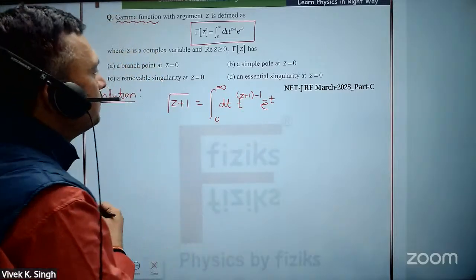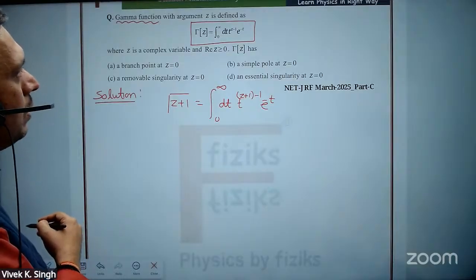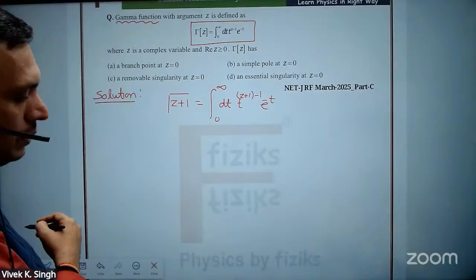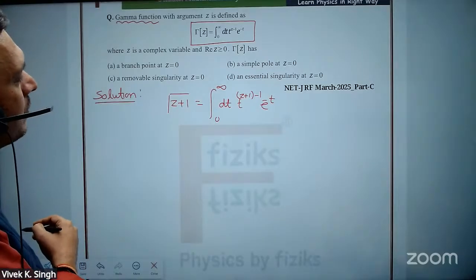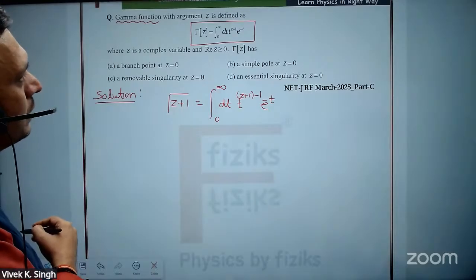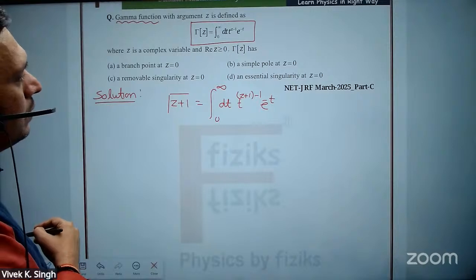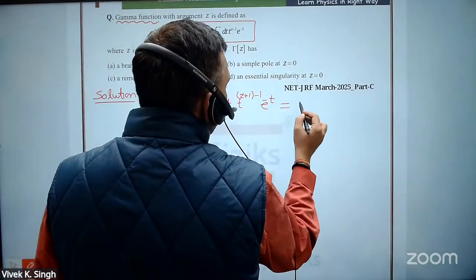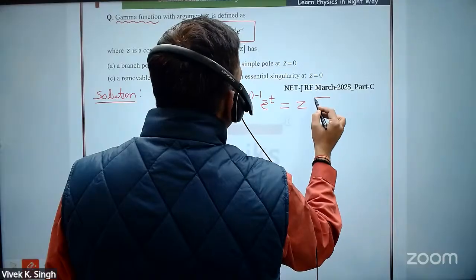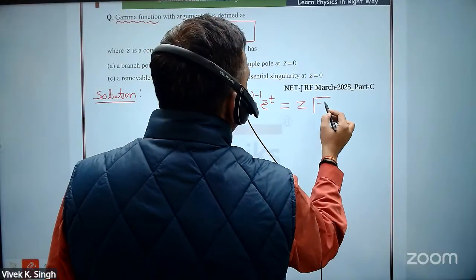Is it clear? So what will be the relation between the gamma functions here? You will see this will be given by z gamma z.